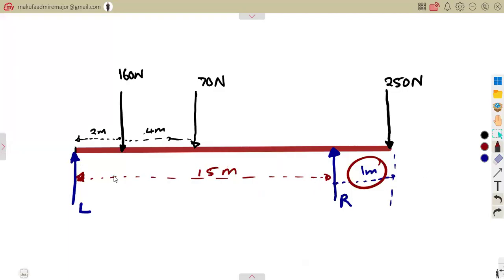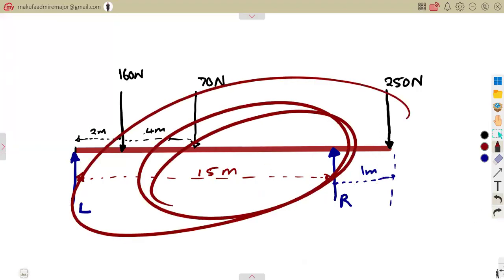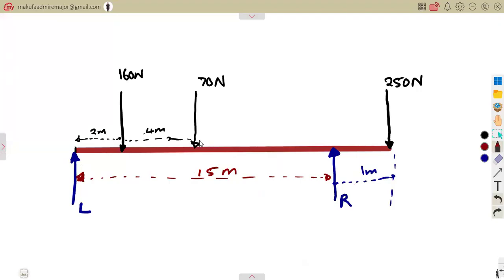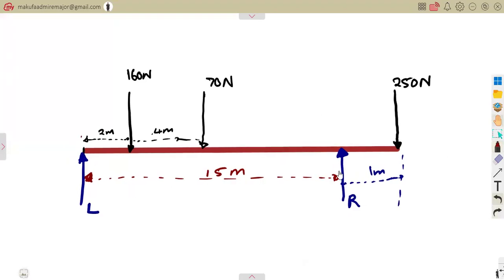So that's it. You can analyze your diagram, but in terms of just drawing this, this is enough. Yes, you can even show what is in between, but it's not necessary. Okay, so that was your diagram.